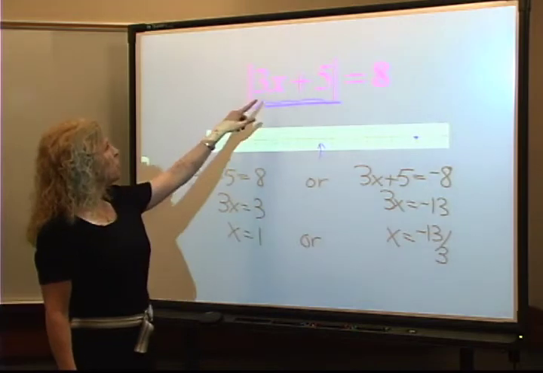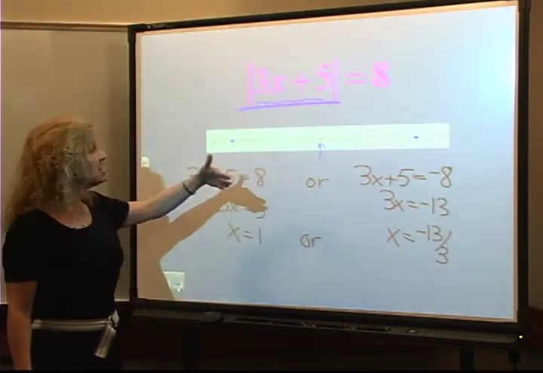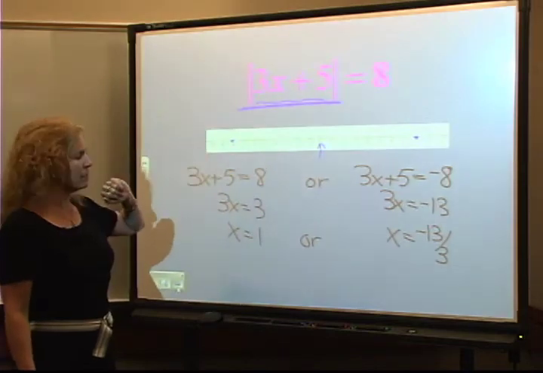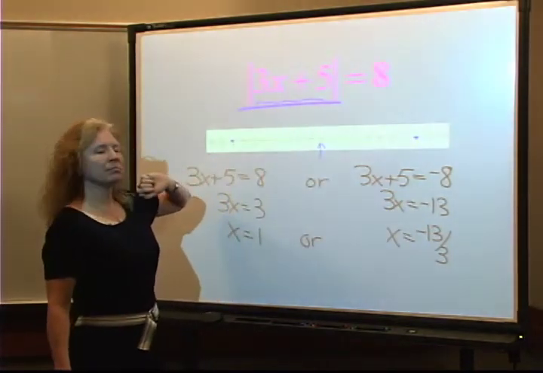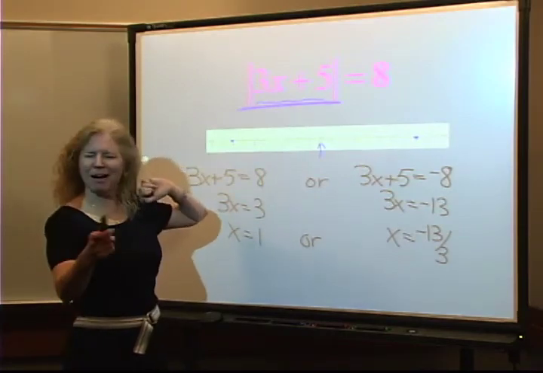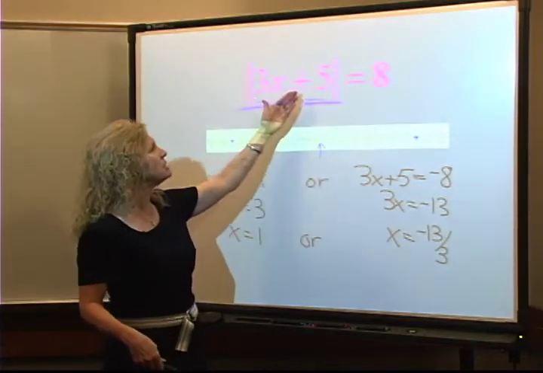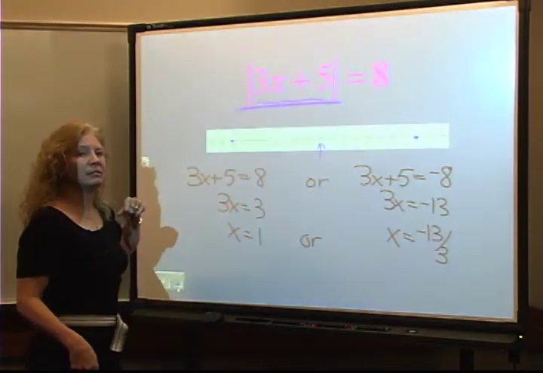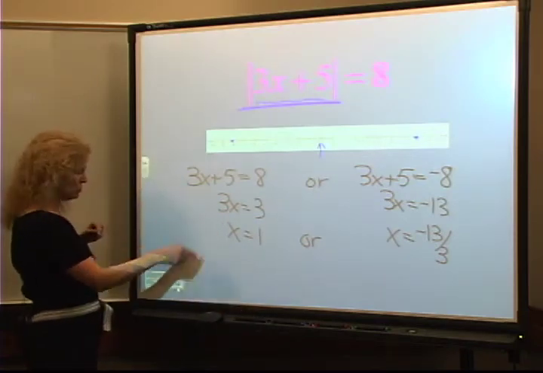If you put in the 1, we get 3 plus 5, which is 8. Absolute value is 8. Put in the negative 13 over 3. I know it looks scary, but it's not. 3 times this cancels the 3 out, and we get negative 13 plus 5. There's your negative 8. Yeah, I have 2 solutions.